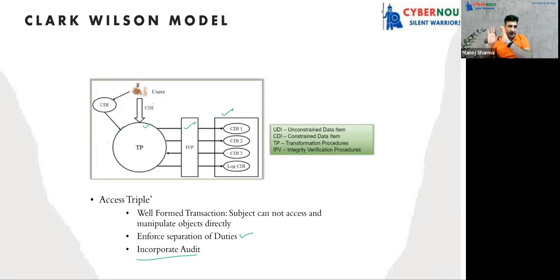Instead, we let them go to a website or a restricted view. There they can fill it up, they can select from the drop down, they can run those queries against the database and get their work done. So that is what is called the Clark-Wilson model. It is based on certain rules. It is based on the integrity verification process. That is why we call it a rule-based system.